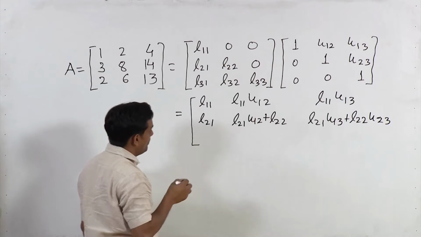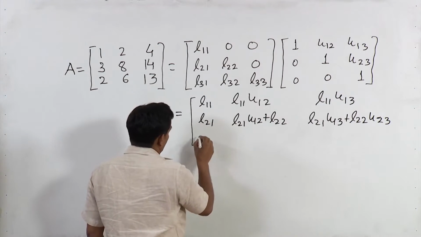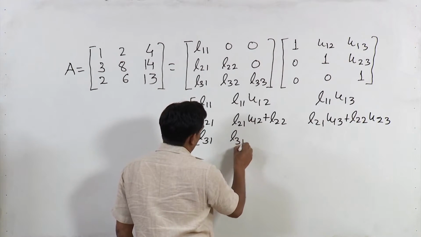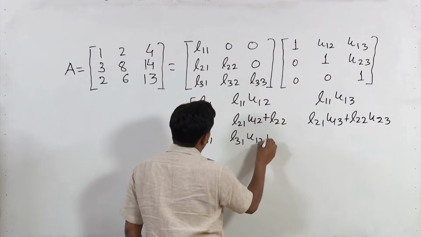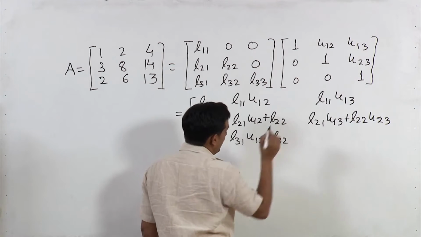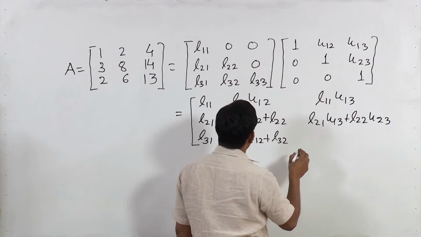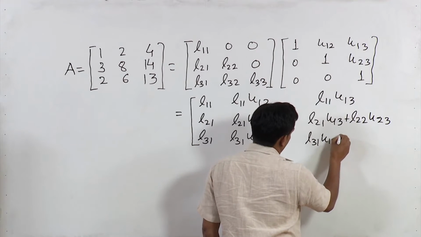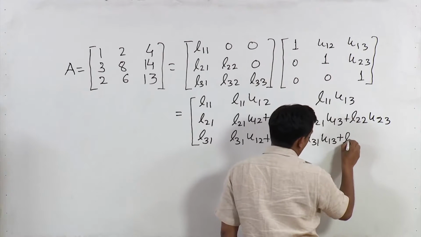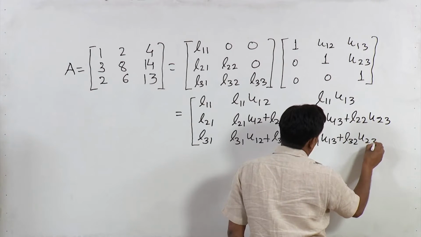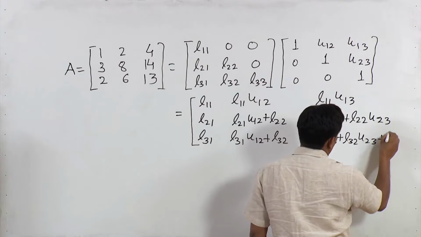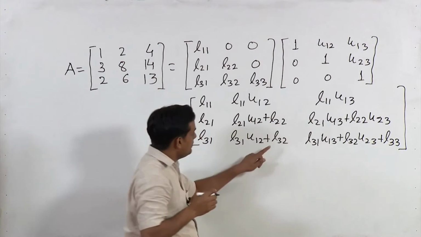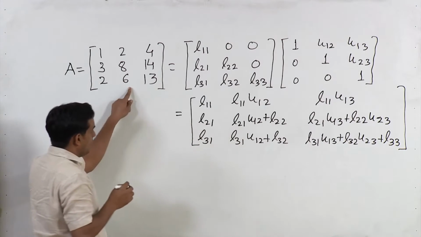In the last row of the product matrix, this element will be L31, this element will be L31 U12 plus L32, and finally the last entry will be L31 U13 plus L32 U23 plus L33. So this matrix equals A.